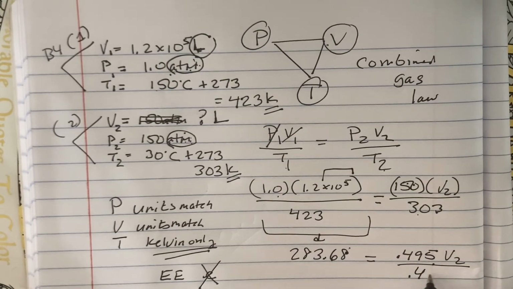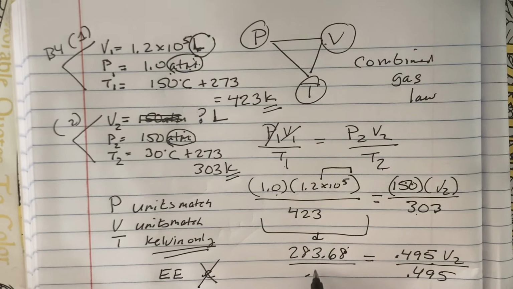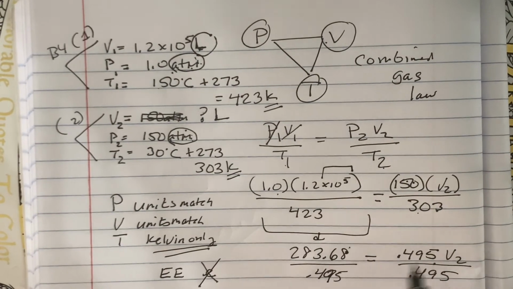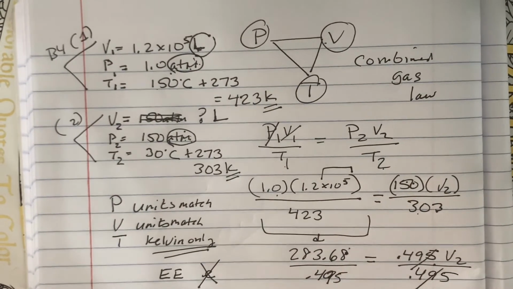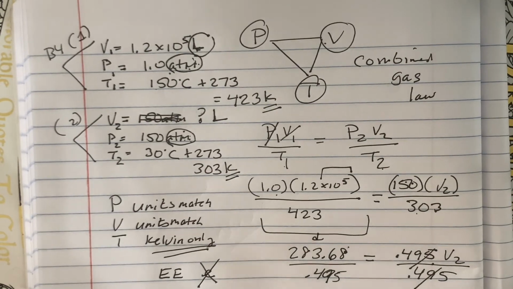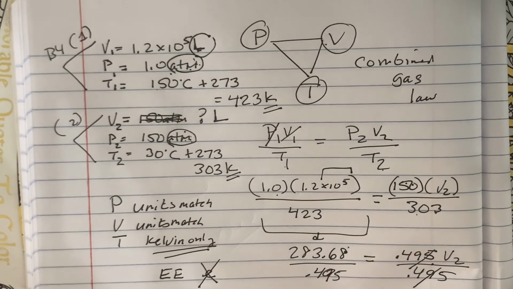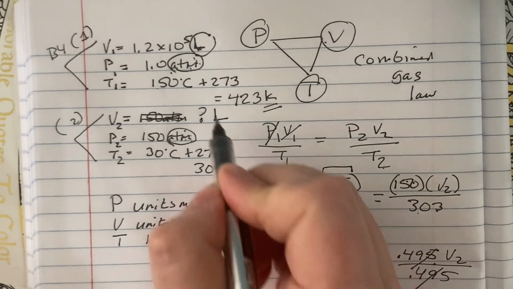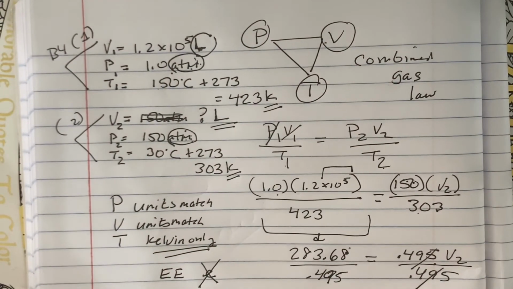Now I've got to divide both sides by 0.495 because I've got to get V2 by itself. 283.68 divided by 0.495 gives me 573.09. Volume has to be in liters, so liters.